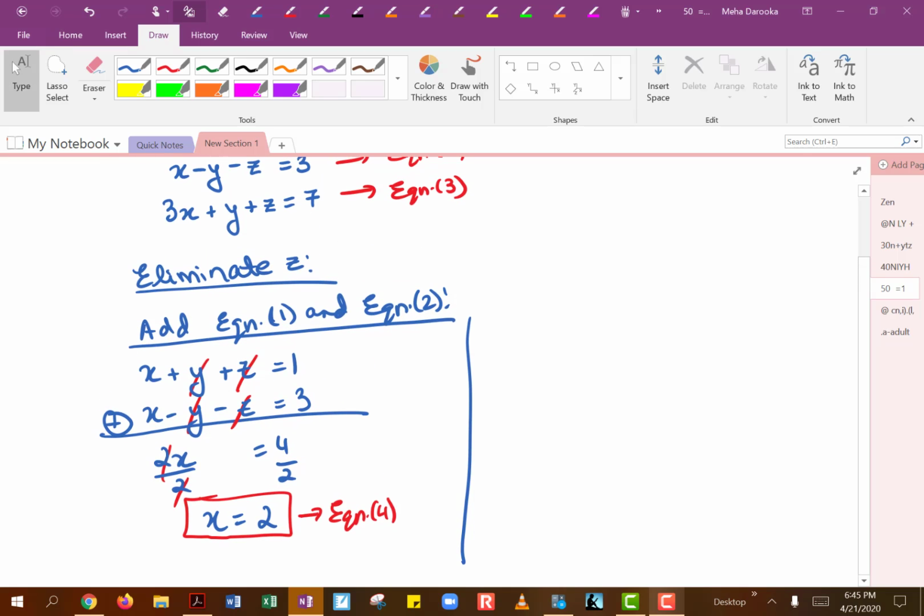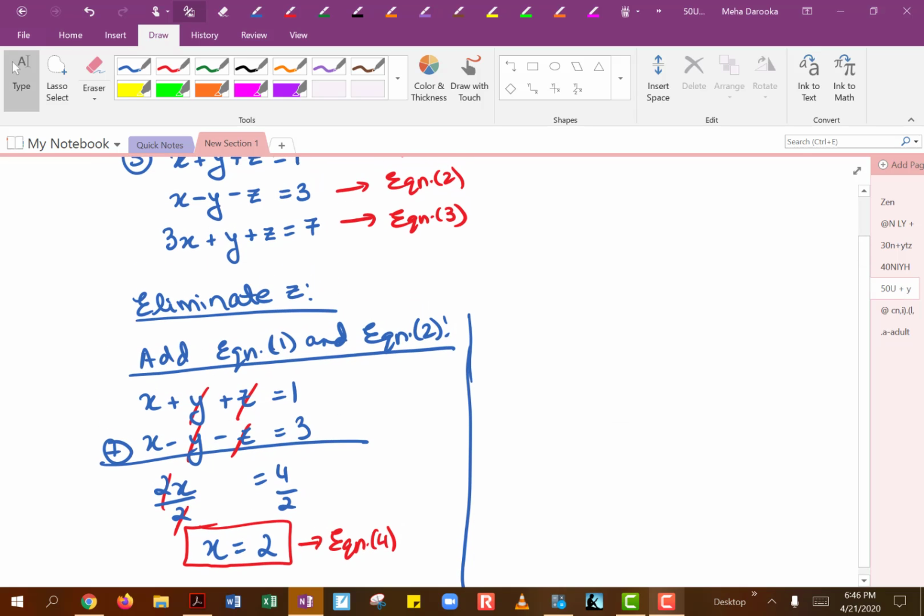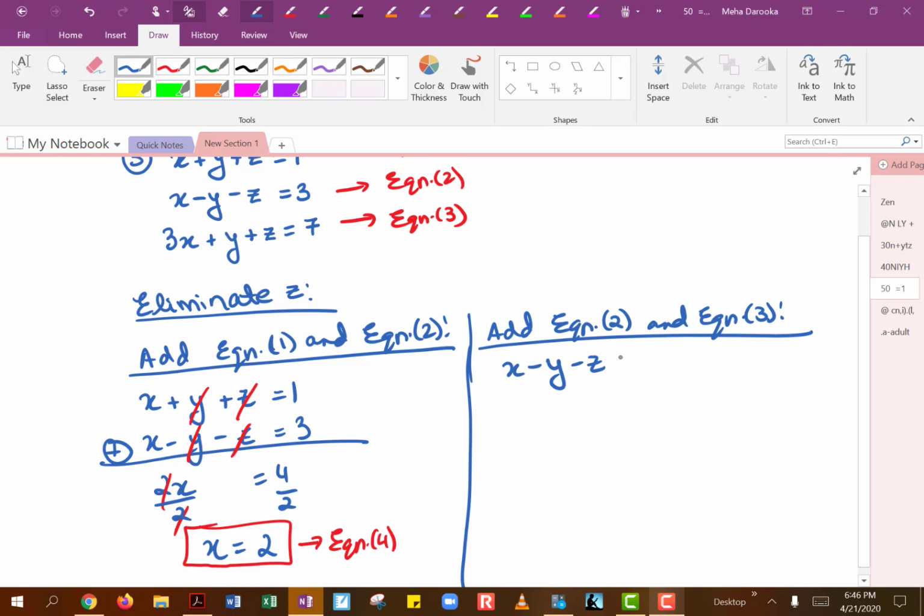Alright, so since we used equations 1 and 2, now let's eliminate the z variable by adding equations 2 and 3. Okay, so this will give us x minus y minus z equals 3, and then this guy will be 3x plus y plus z equals 7.